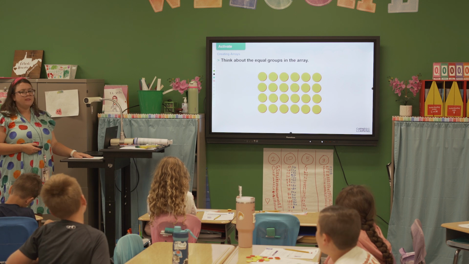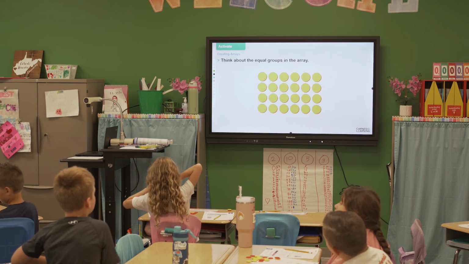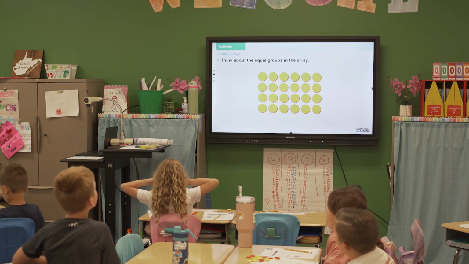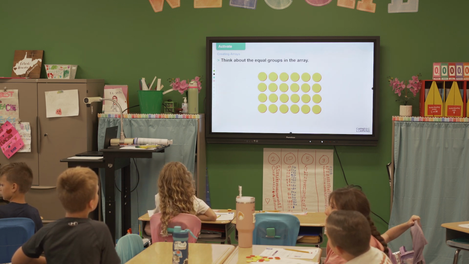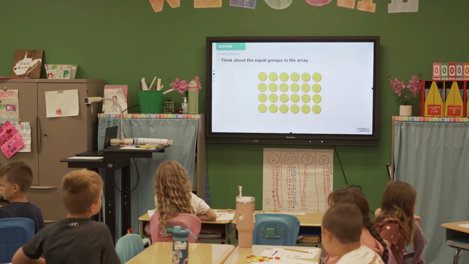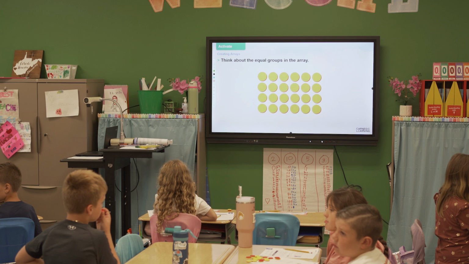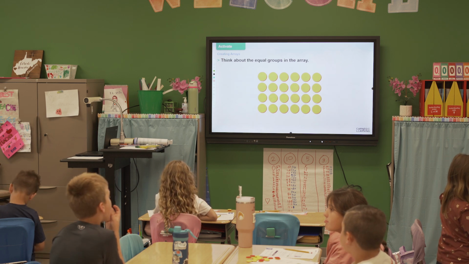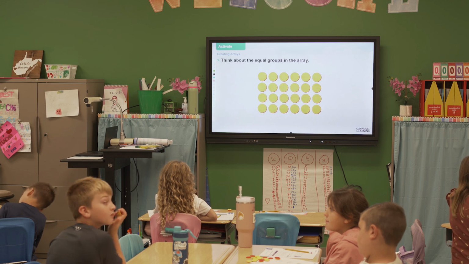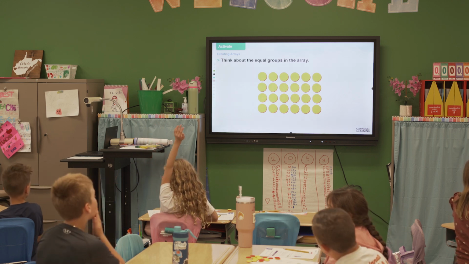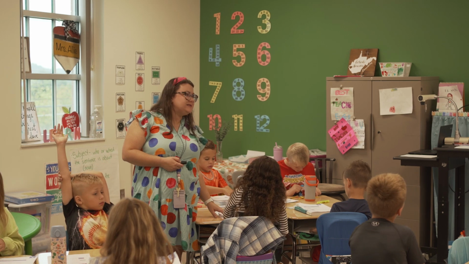Let's look here. So Brooke, how many rows do I have? 4. Great. Now, how many do I have in each row, or how many columns do I have, Holly? 6.